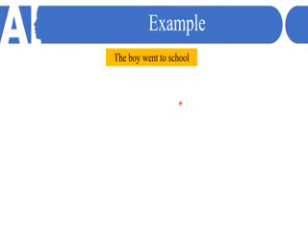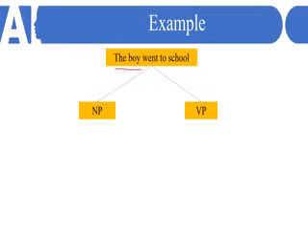Now if I break down this statement into two parts, first part will be the noun phrase, and the other part will be the verb phrase. The boy is the subject phrase or the noun phrase, and went to school, these three words, form the verb phrase.